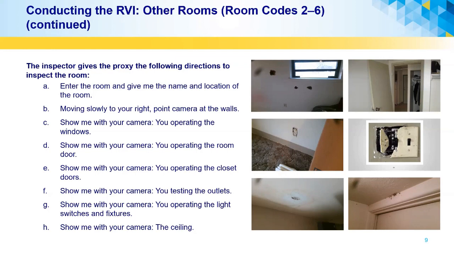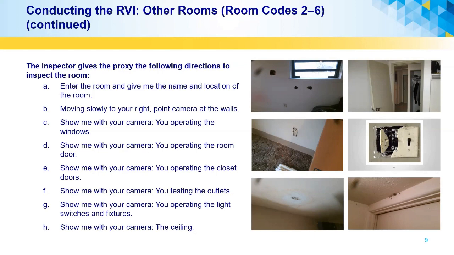Show me with your camera you operating the windows, the room doors, and the closet doors. Show me you testing the outlets. And remember, we're using the 2-prong tester or the 3-prong GFCI tester. Show me you operating the lights, switches, and fixtures. And lastly, show me the ceiling.